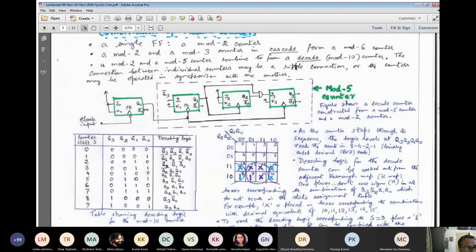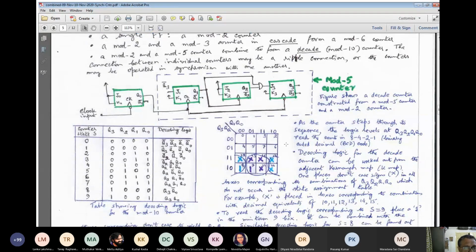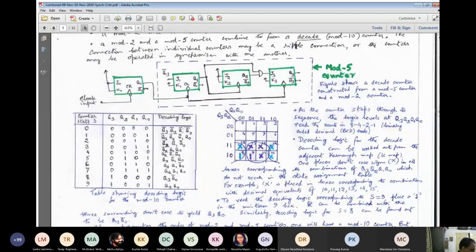Next, what I have been doing is the idea of decoding logic. Why is it necessary? That is the question. See, the decoding of the states of a counter becomes necessary when you think of computer architecture. Typically the processing unit consists of, say, an ALU and a shifter. In some cases a multiplier may be there also, and there will be a controller.